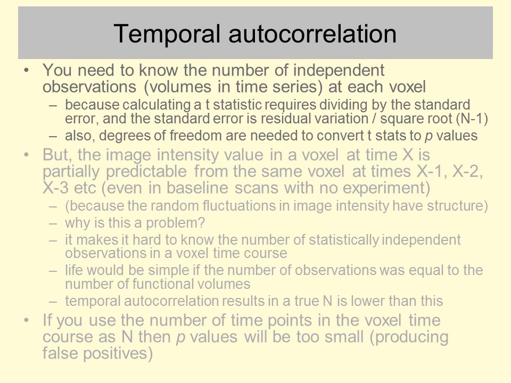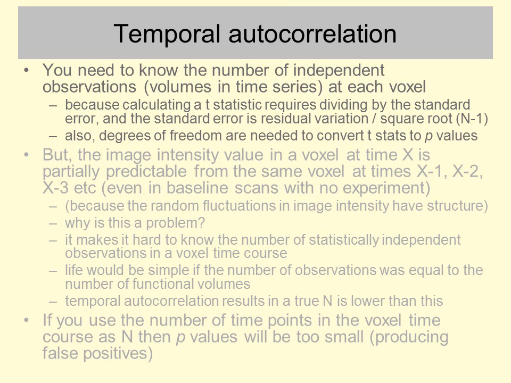Now, the problem begins if you think about the fact that you need to know the number of independent observations at each voxel. Because this is a first level analysis of a time series, the observations are time points. So what we're talking about is the number of independent time points, i.e. the number of volumes or number of TR.